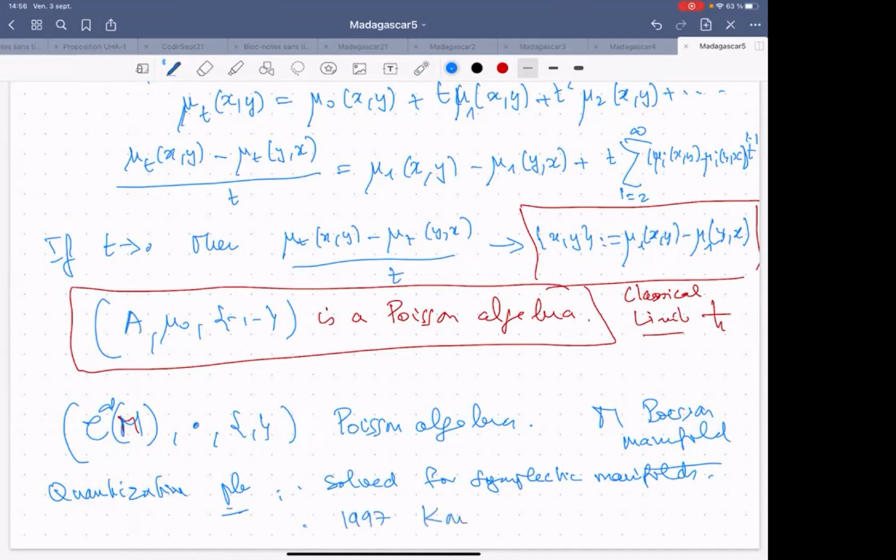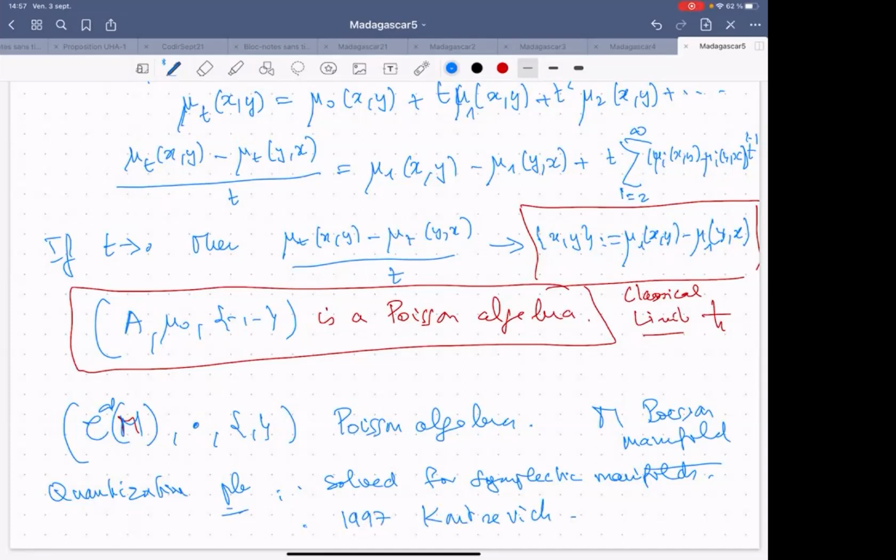And it was solved by Kontsevich. Kontsevich provides a way, using some graphs, etc., to construct deformations of the Poisson algebra for any Poisson manifold.